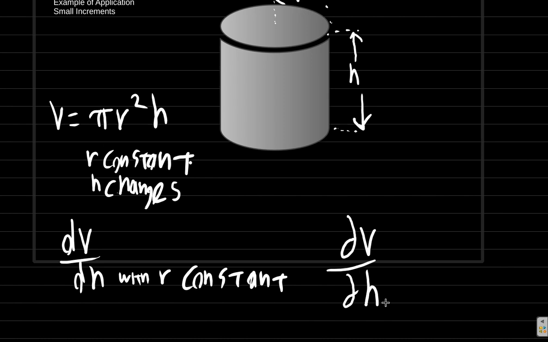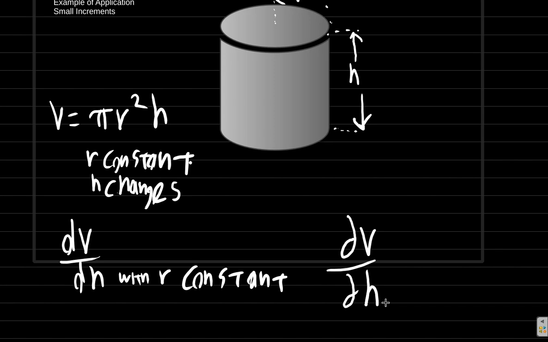They can change, right? But you lock them for now and keep them constant. So that's a partial differential coefficient. Delta V by delta h. That's called the partial differential coefficient of V with respect to h. Alright? r, of course, being kept constant for now.